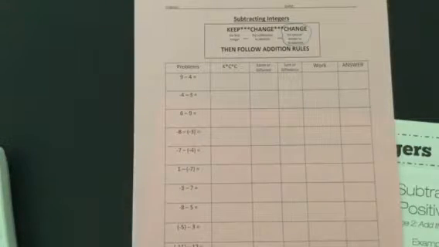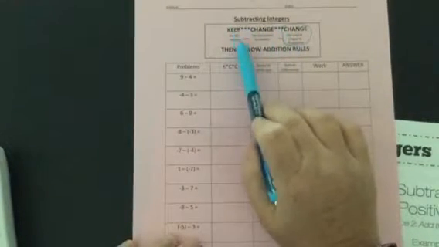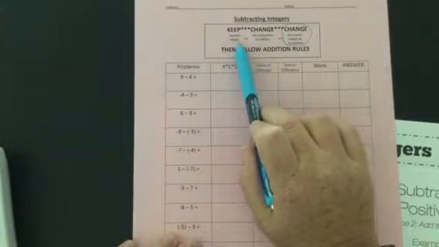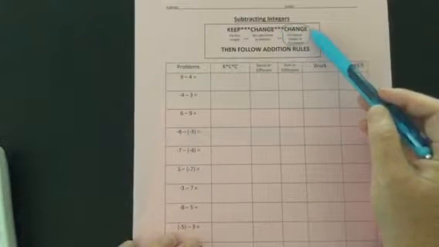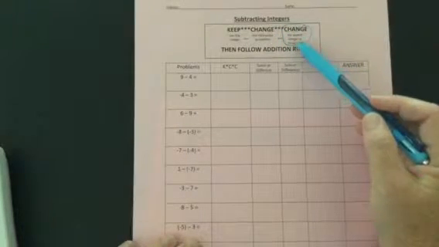A lot of my students know, okay, I'm subtracting integers, I got to keep, change, change, but all they do is keep, change. So we keep the first integer, change the subtraction to an addition, and then last, we change the second integer to its opposite.